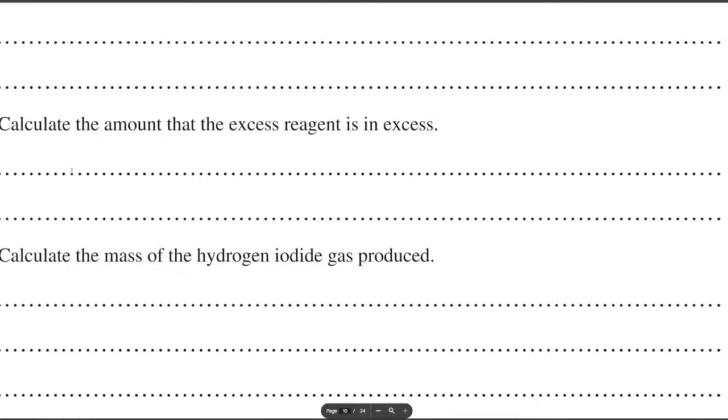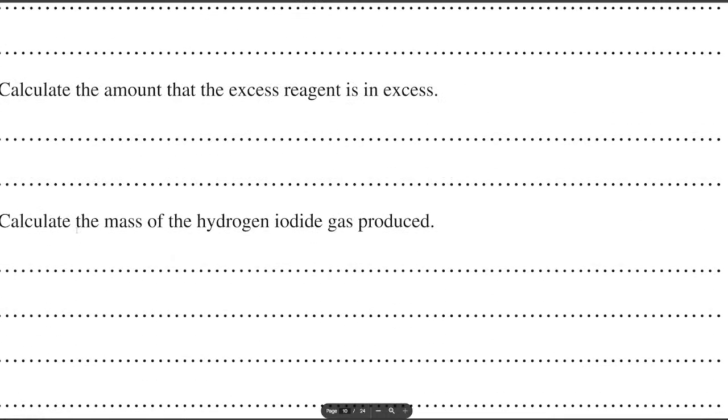That's only 1 mark. And then you calculate the mass produced. Oh well.